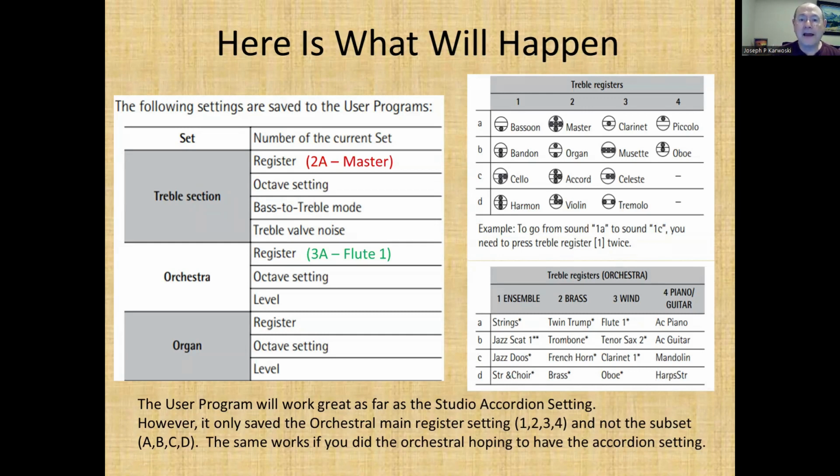You now have the ability to simply hit orchestral or organ and switch to whatever A position you have. Okay. So hopefully that kind of gives you a little more insight into how the memory is used on this.